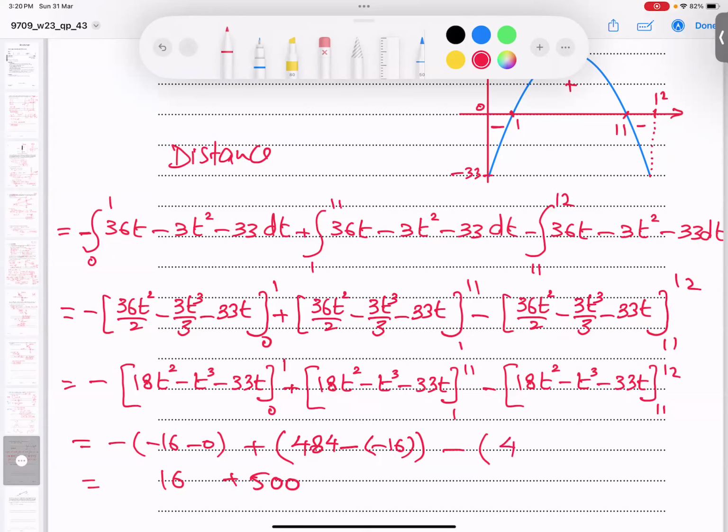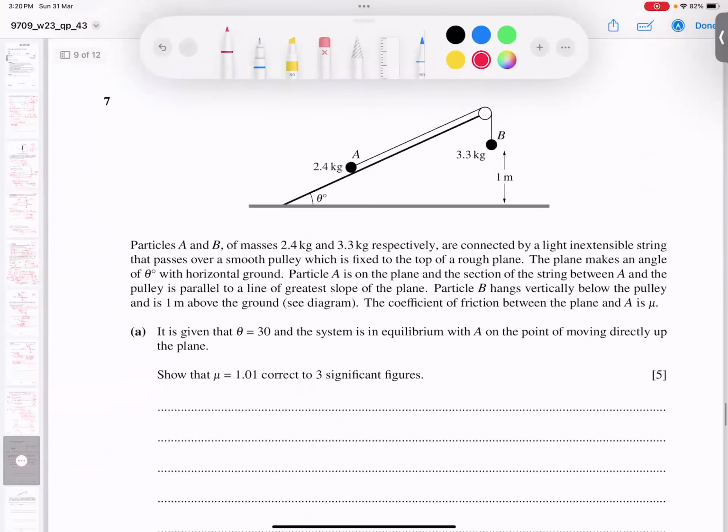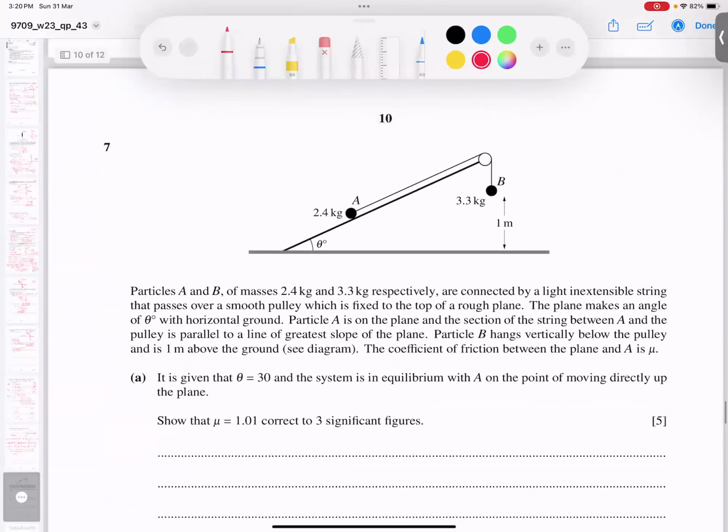So 468 minus 484, which comes to negative 16. And this negative into negative is positive automatically. The answer is coming 532 meters. I believe you got the point very clearly. Question number 7. Question number 7 says what here?